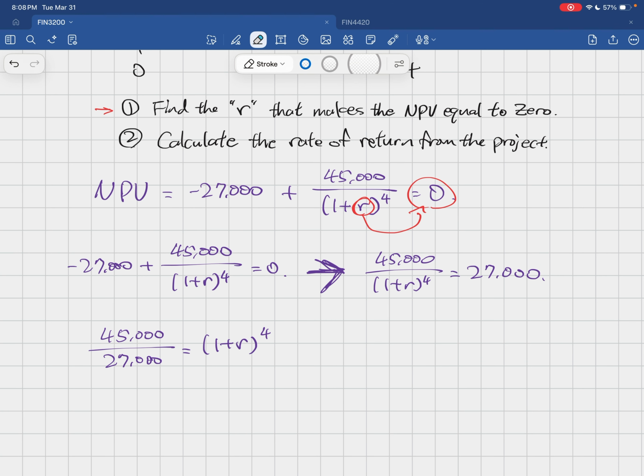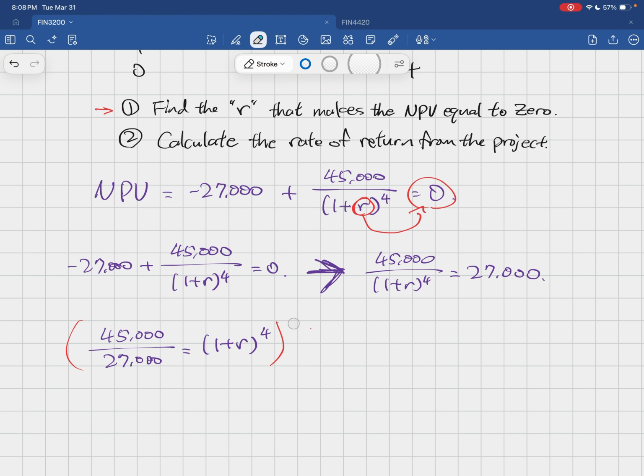From here, we got to get rid of the exponent. So we're going to take the 4th root on both sides, like that. So if you remember your math, that's the same thing as raising both sides to the 1/4 power, basically.